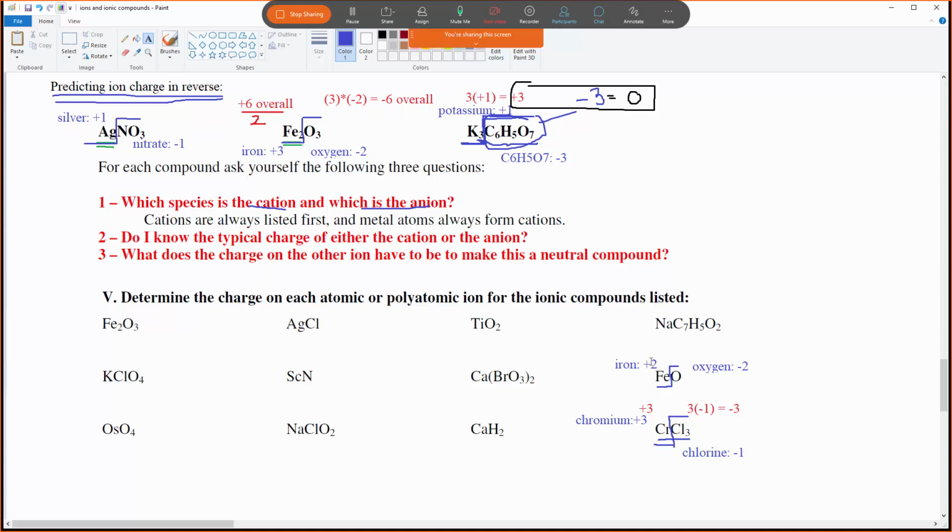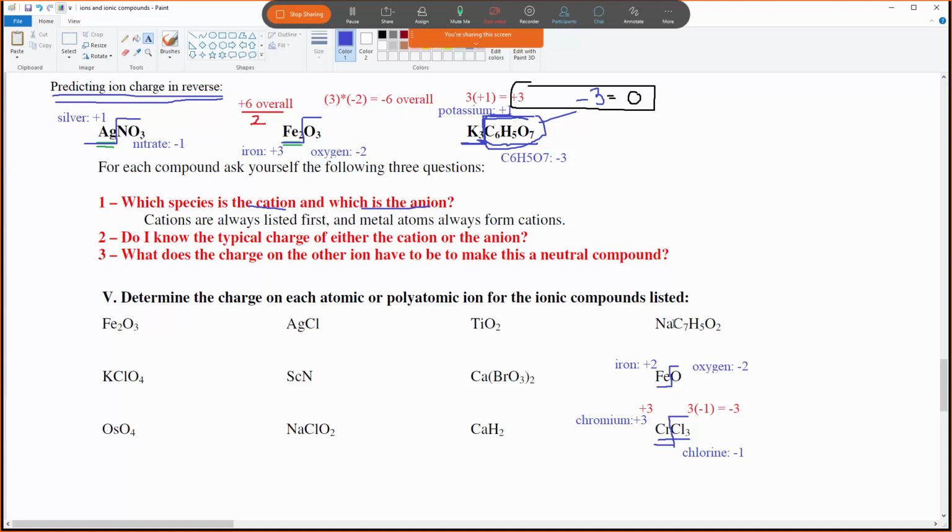And sometimes it wants to be +2 and sometimes it wants to be +3. And you could just look at the compound and say, oh, today in this compound, iron is +2. Or another moment in a different compound, iron is +3. Okay, so you just have 2 different kinds of iron. And this is why we have to pick it apart and deduce what the charge is, because we can't just know, right? So that's what we get there.